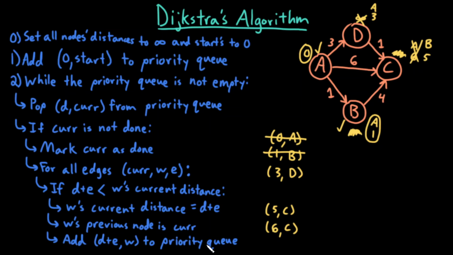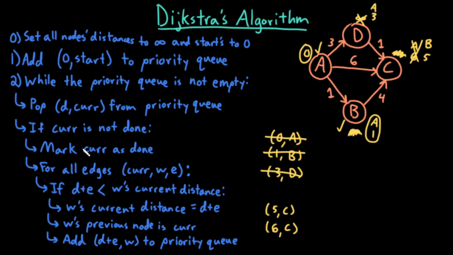Okay, so let's continue. So this is where I left off. We added it to the priority queue. Awesome. Go back to my while loop. While the priority queue is not empty, it's not empty. I have 3 items left. Pop the next item from the priority queue. So cur is 3D. So current distance is 3. Current node is D. So I'm currently at D. If cur is not done, no, it's not done. I don't have a check mark.